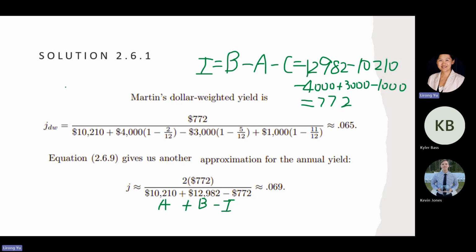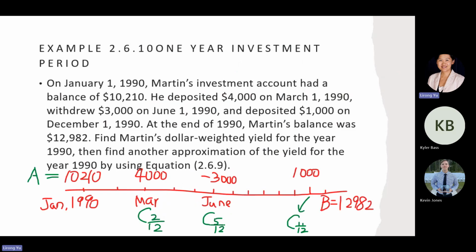So you can see in the full formula, you have to know the I, which in this case is not given. We have B, the final value, 12,982. We have A, the balance at time 0, 10,210. And then we have the C's, three of them. We can go back to the picture earlier.